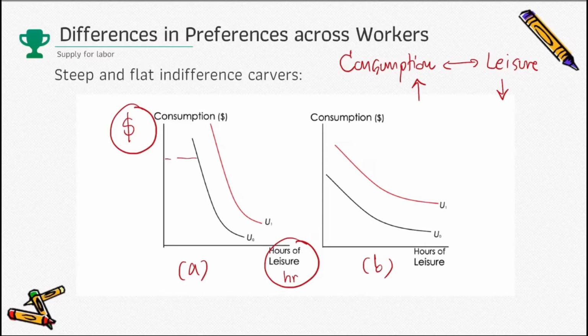If we have consumption at C0, we can have leisure of L0. If we decrease the consumption from C0 to C1, we have to increase the leisure from L0 to L1, okay?